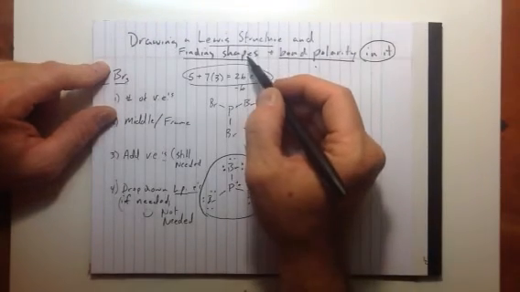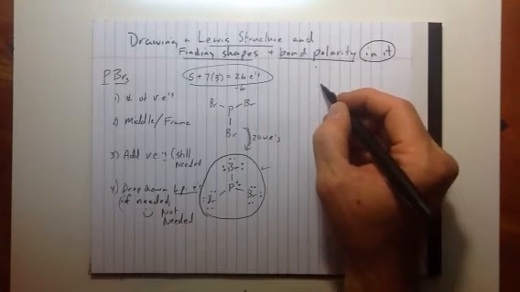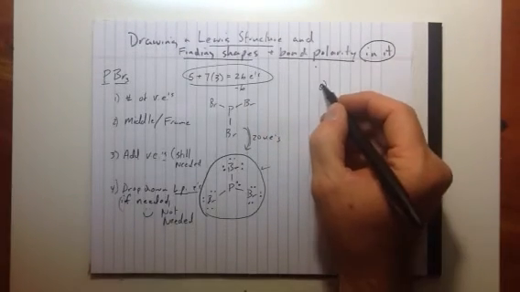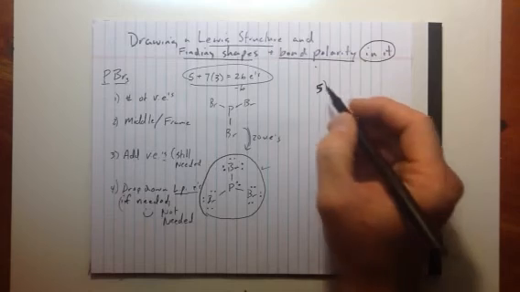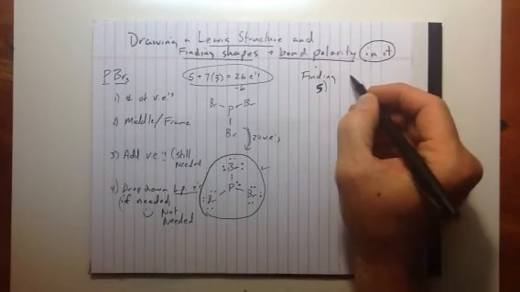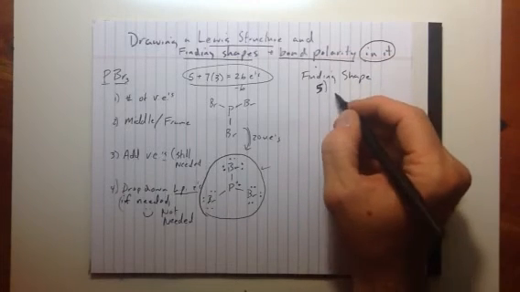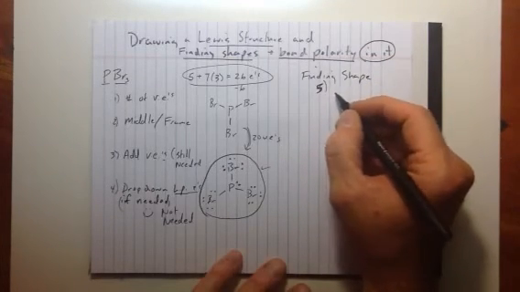Now that's great, but we also wanted to talk about finding the shape. So if you don't mind, I'm going to go ahead and add, I guess, 5 as our next step for finding shape, because it's often part of the story of Lewis structures. So to find shape, we have to remember an equation.